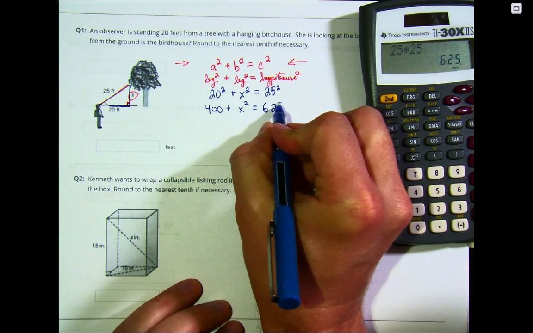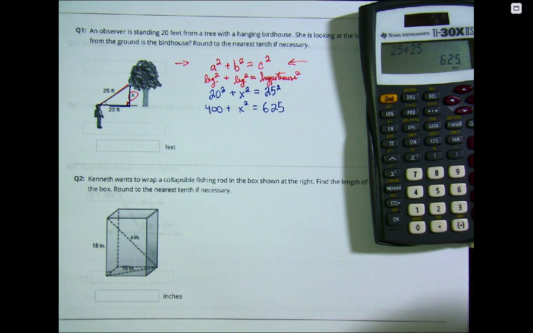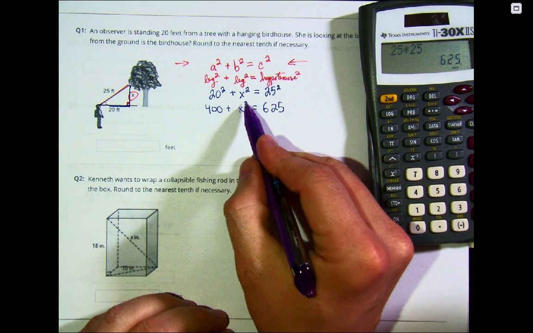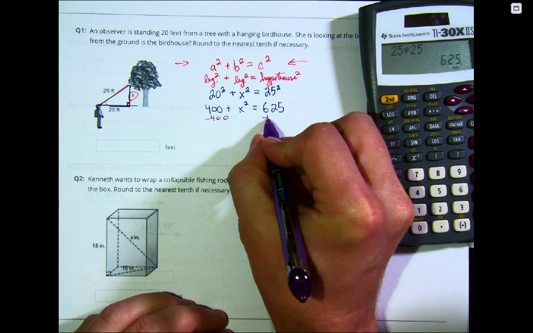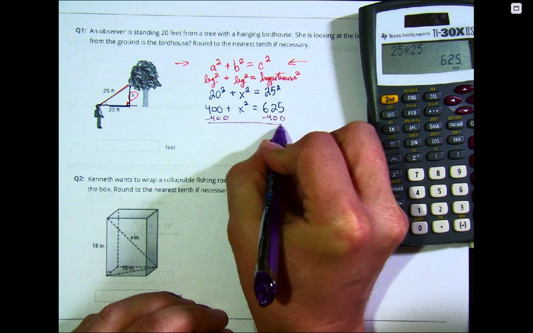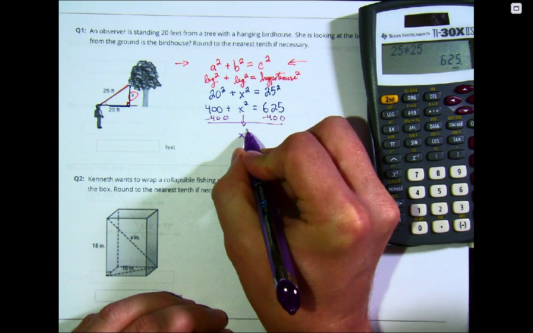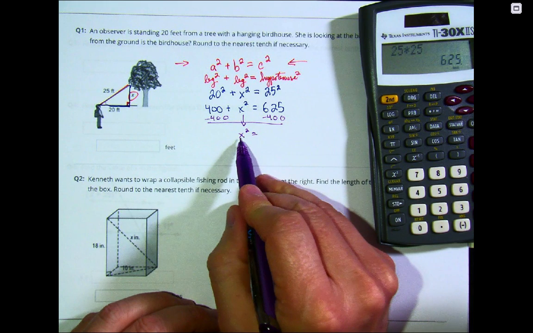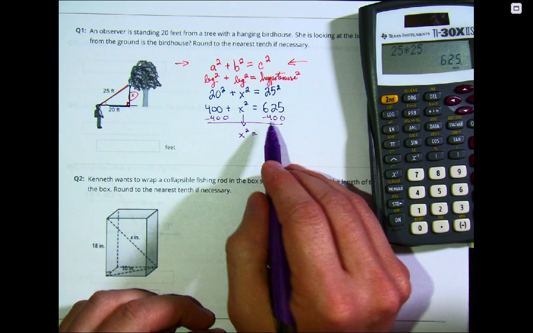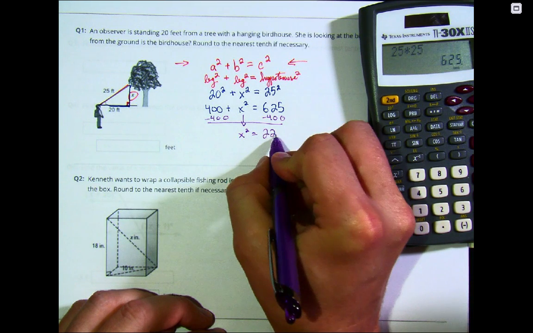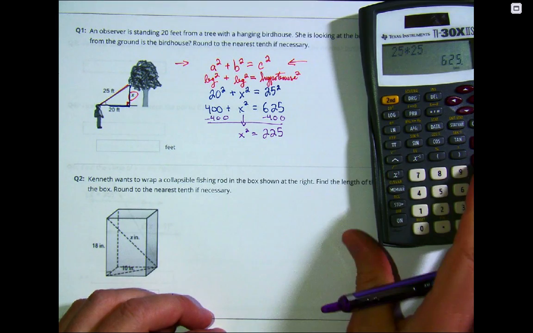So now, in order to solve for x, I'm going to have to do two different things. I'm going to have to get x squared by itself by subtracting 400 from each side. And then when I have x squared by itself, I'm going to have to do a square root to solve for x. But first, what's 625 minus 400? 225. I didn't even need my calculator for that one.